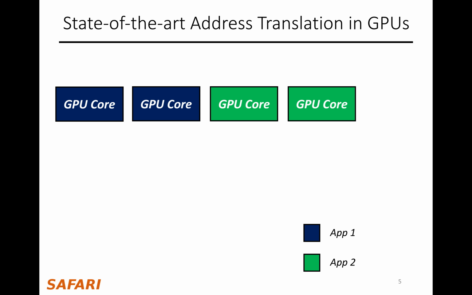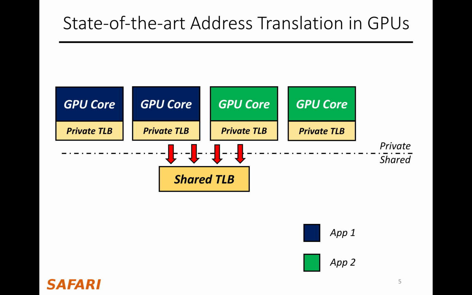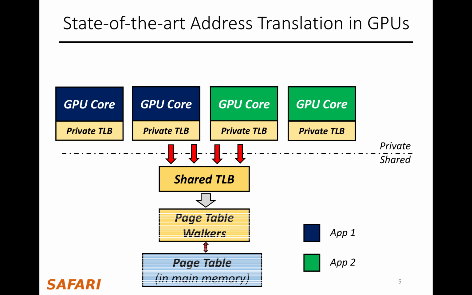In this example, I have 4 GPU cores that are running 2 applications, the purple application and the green application. With the state-of-the-art designs, there will be a private translation lookaside buffer as well as a shared translation lookaside buffer, both of which would cache translation data in order to reduce the number of page walks that the page walker has to perform in order to translate the virtual address into a physical address.